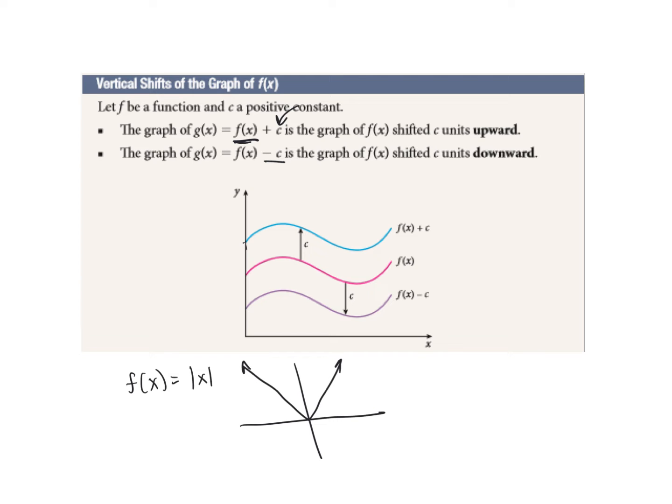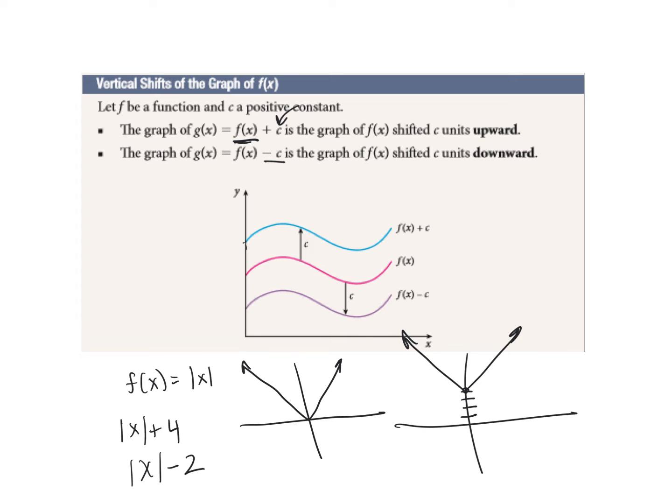If I add a 4 outside the absolute value, that would move it up 4, and it would look like this. If I subtracted a 2 outside the absolute value, that would move it down 2, and it would look like that. So if the shift is outside the parent function, it moves it up and down.